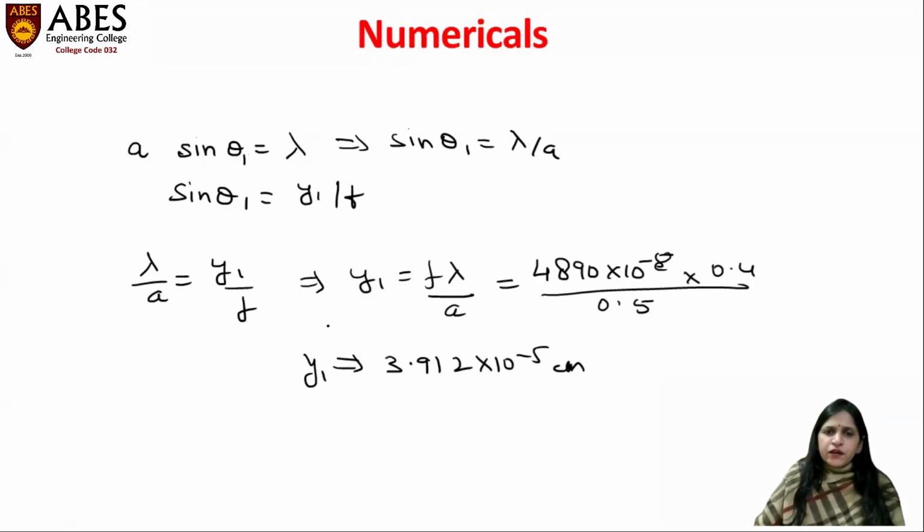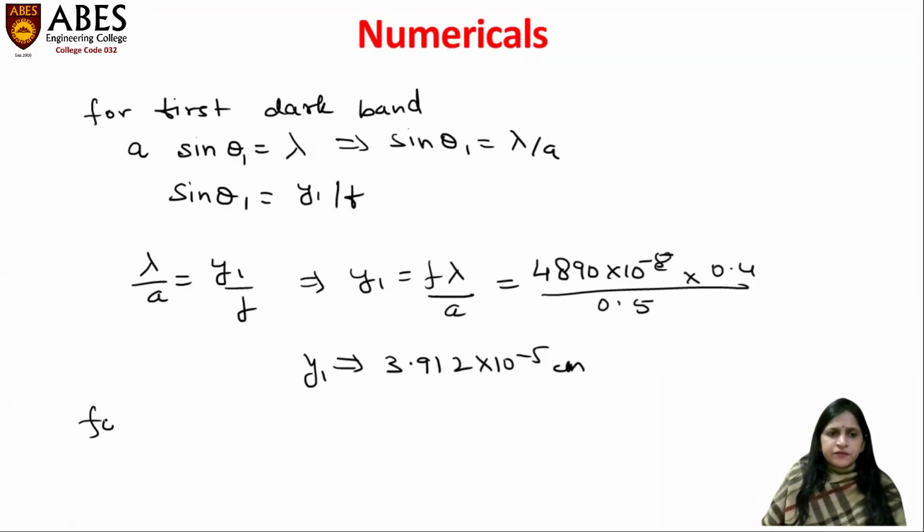So one value we are now getting. This was for the first dark band. Now let us calculate for the bright.